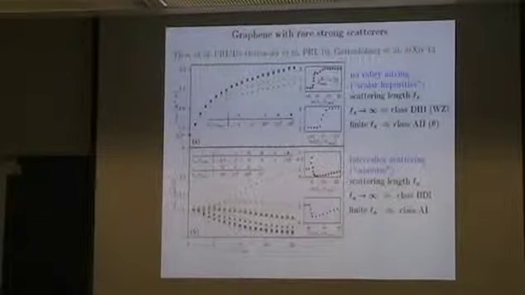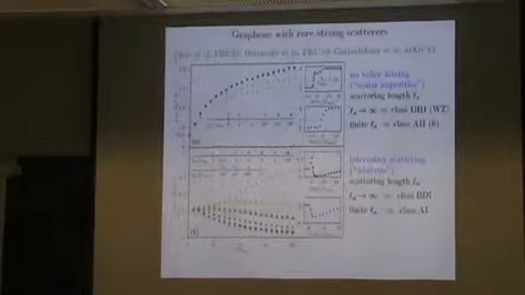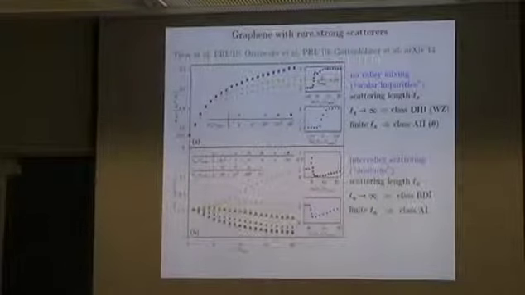Okay, so let me show you some very recent numerics we did with this, because I think it shows very nicely how all these classes manifest themselves. This is a modeling of graphene with rare strong scatterers. And the way it's modeled, it's a combination of analytics and numerics.